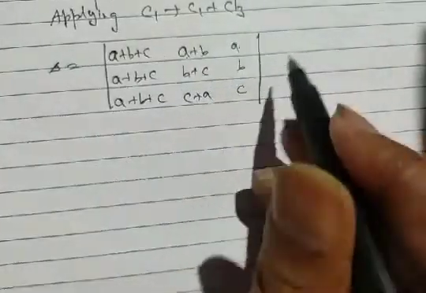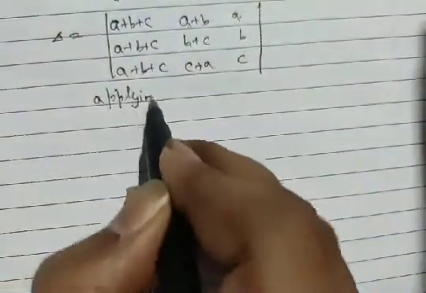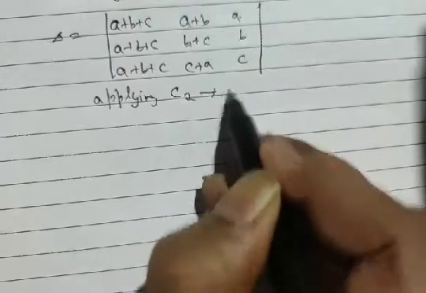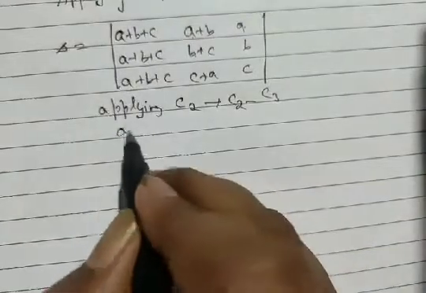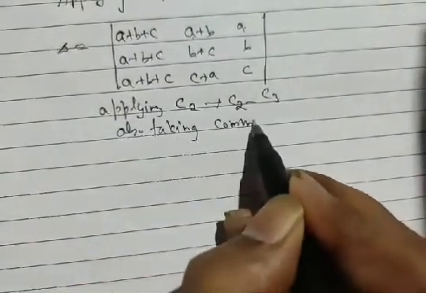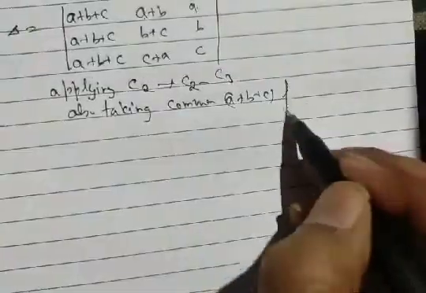We can also apply the operation c2 changes to c2 minus c3, and take a plus b plus c common from c1.